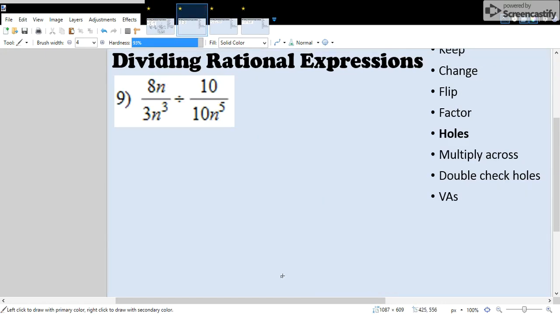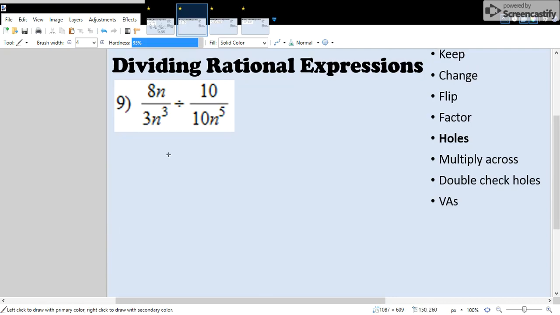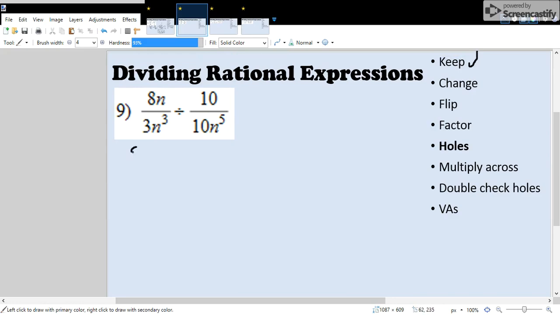Okay, go ahead, pause the video and see if you can do the next one. So keep the first fraction. Change the sign. And flip the second fraction.